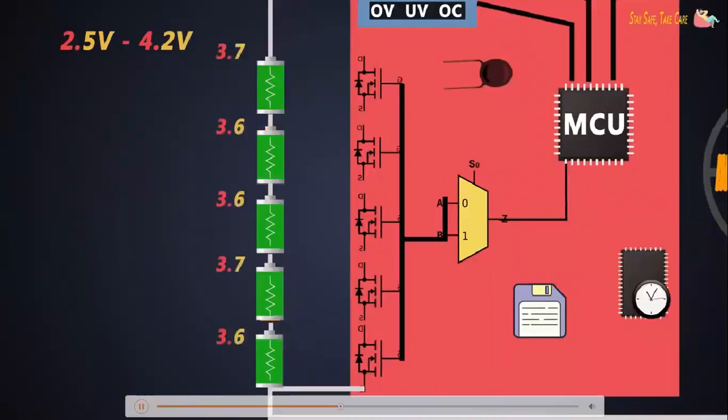The nominal voltage and temperature of the cells will slightly differ from each other. So the weak cell heats up and its lifetime gets reduced.